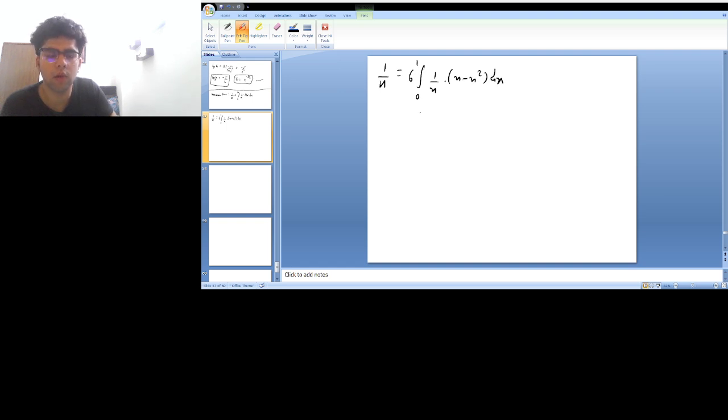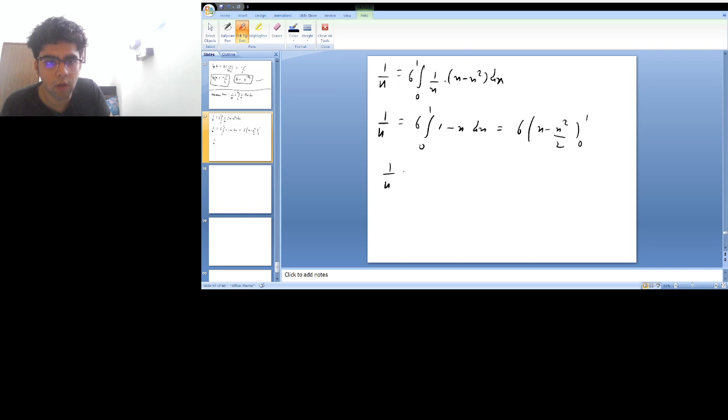Taking x out common, this gives me 1 upon h is equal to 6 into integral 0 to 1. I'm left with 1 minus x dx, which is 6 into x minus x square by 2, 0 to 1.